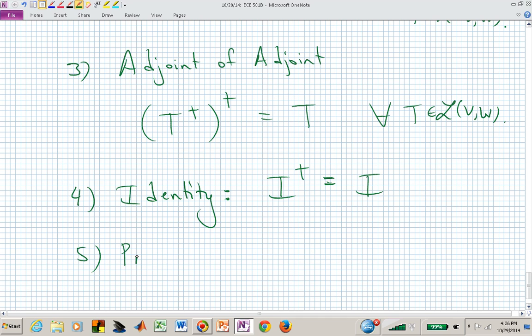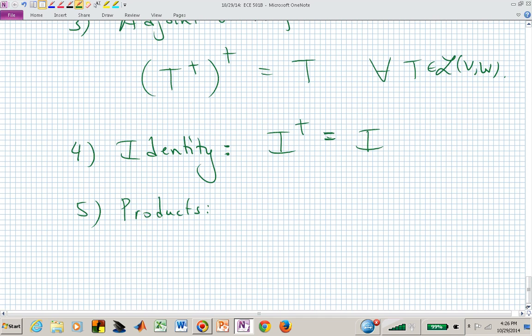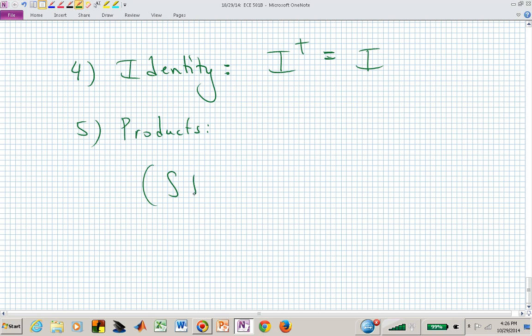And now if we do products, we've done additions, now if we do products, this is sort of like what you're used to seeing with inverses. Now you have the adjoint of ST equals T dagger S dagger for all, and now let's say T is a linear map from V to W. What's S?